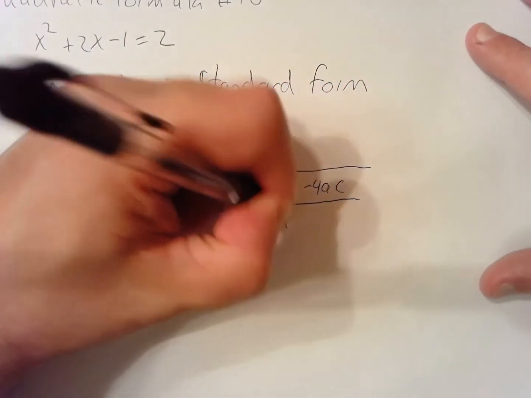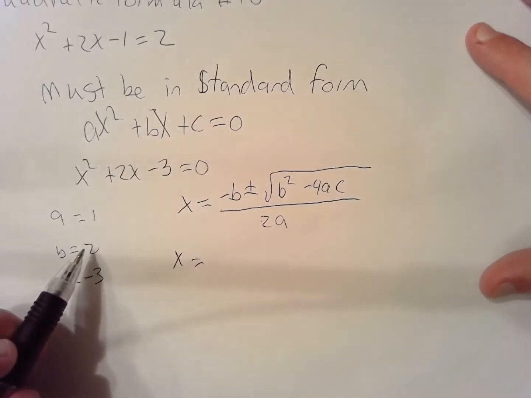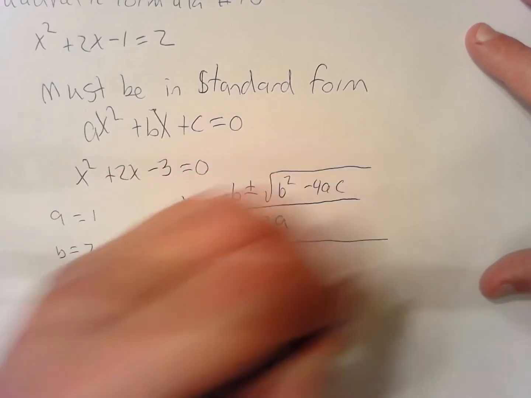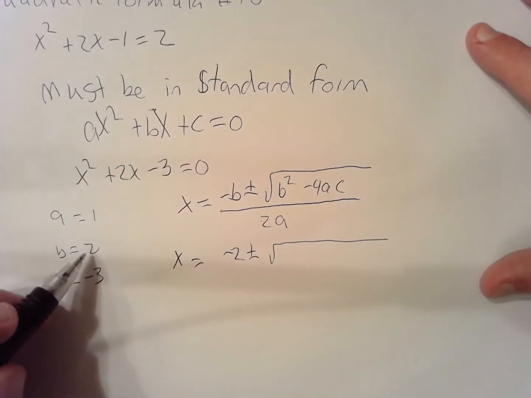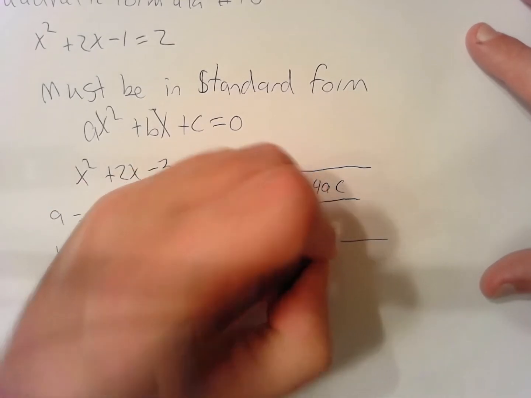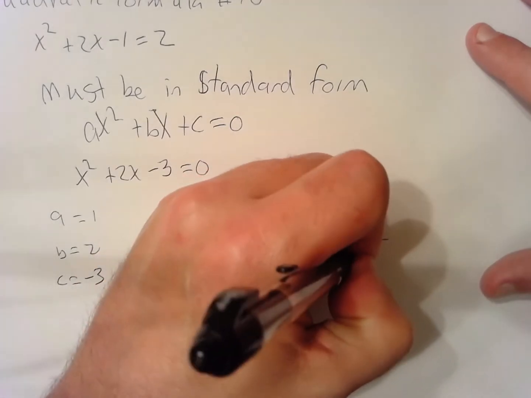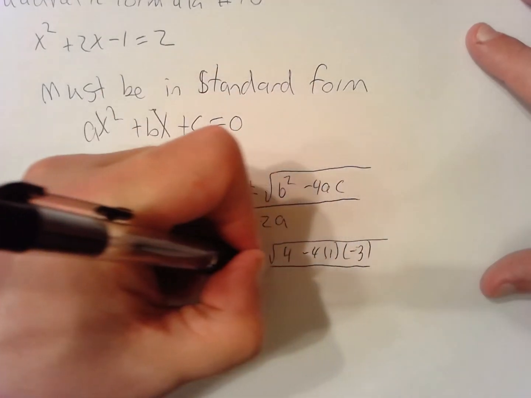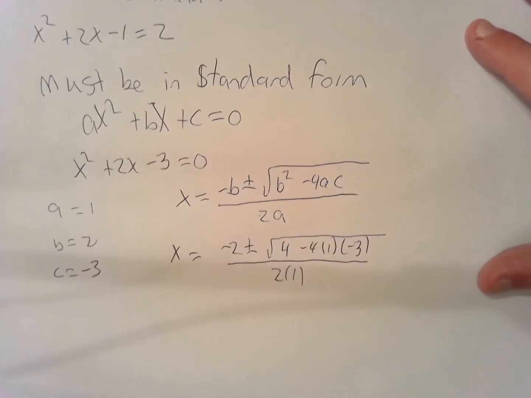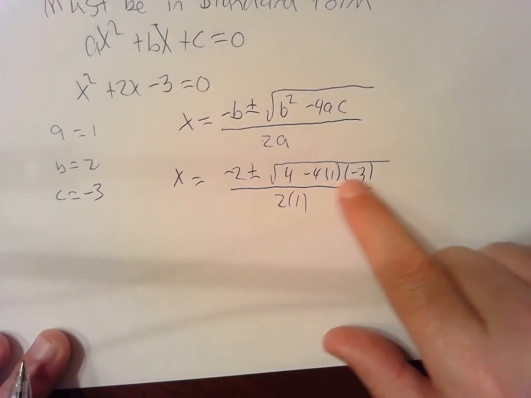Then x equals the opposite of b, plus or minus square root b squared minus 4ac, all over 2a. So x equals opposite of b, plus or minus square root 2 squared, b squared will be 4, minus 4 times a was 1, c was -3, all over twice a, which was 1. Okay, now order of operations inside here.